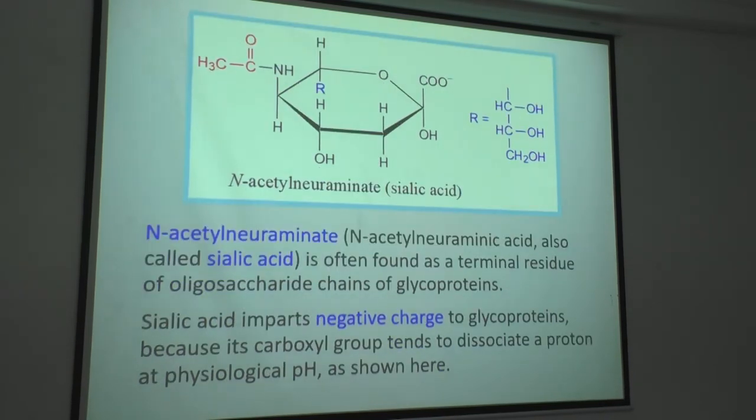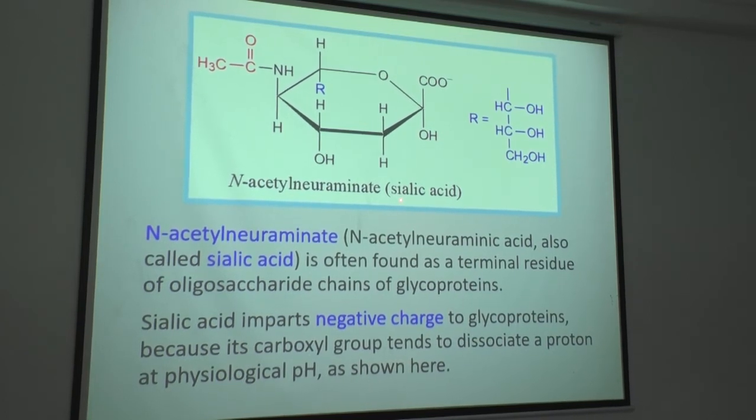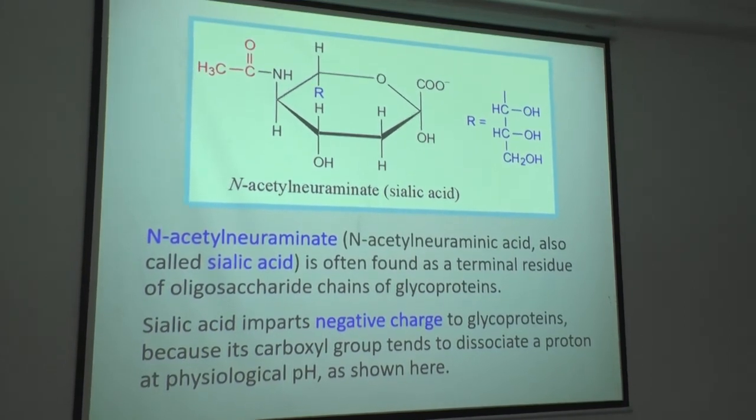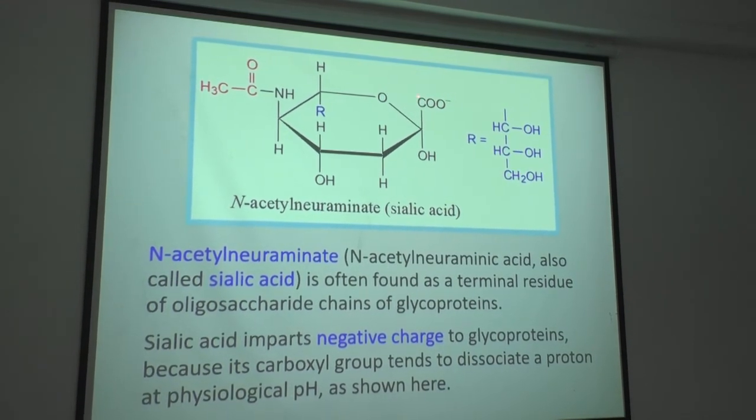Sugar acid: N-acetyl neuraminic acid. Carbon 1, 2, 3, 4: the 4 carbon has the N-acetyl group. At the first carbon, the aldehyde group is oxidized to a carboxylic group.